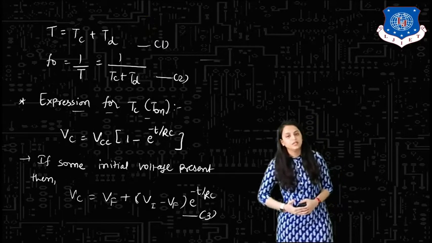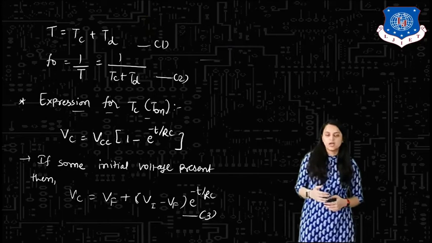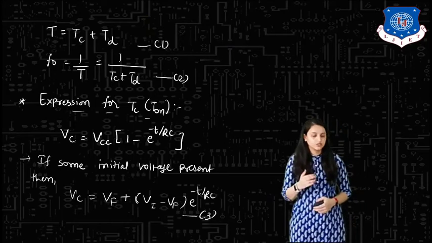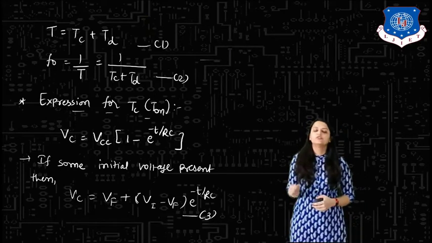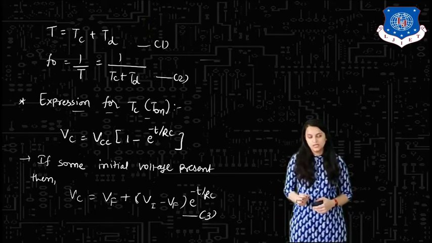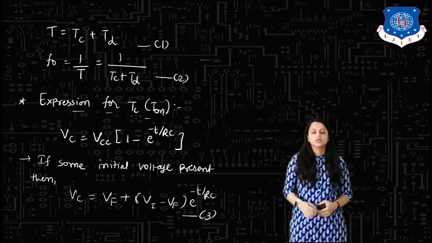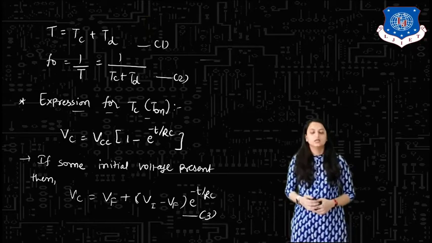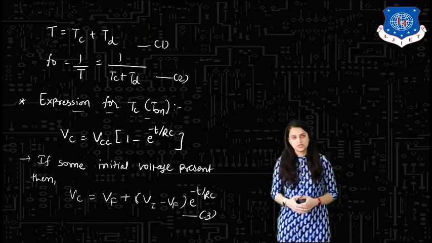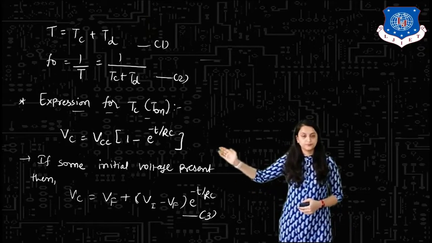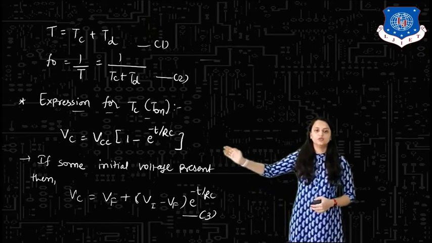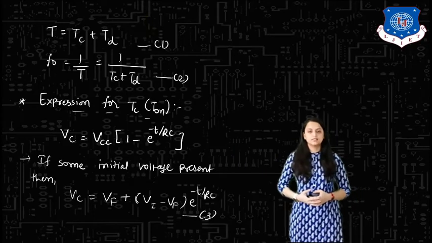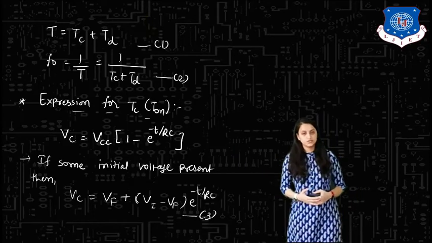So total time T is charging time plus discharging time, Tc plus Td, which is equation number 1. The output frequency is given as 1/T, that is equal to 1/(Tc plus Td), that is equation number 2. Here the expression for on time or charging time Tc is obtained using this process, where we have to consider Vc equals Vcc into 1 minus e raised to minus t by Rc, where Rc is the time constant.